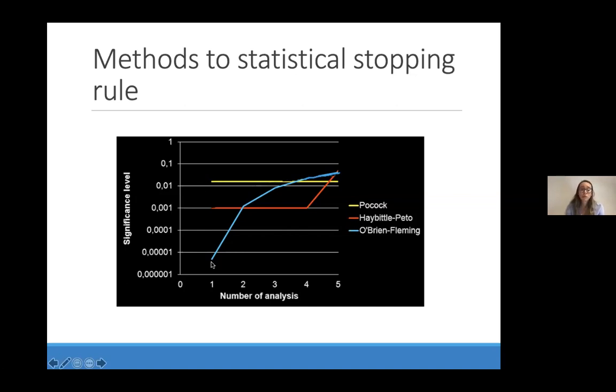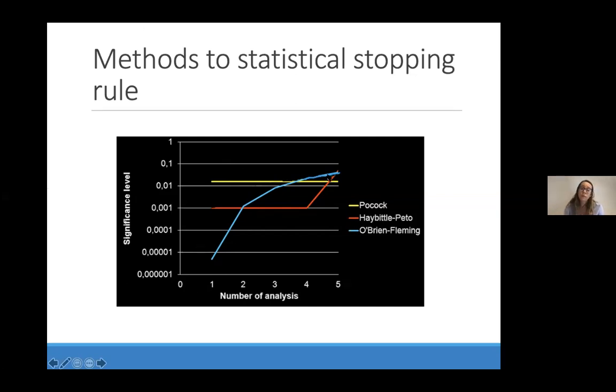Because if you see here, the first analysis is the one that has the most lenient p-value. So you have to be careful when you use it, because if you use it for efficacy, for instance, you have a higher chance to stop the trial early for efficacy and might not really have your real results by then. But it's a method that is commonly used for futility, for example, right?